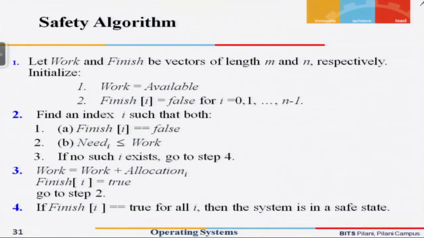If there is a set of processes for which Finish[i] is false, then we know that those processes are in deadlock. So this is how the safety algorithm functions.